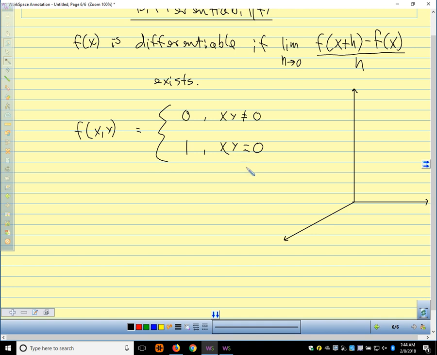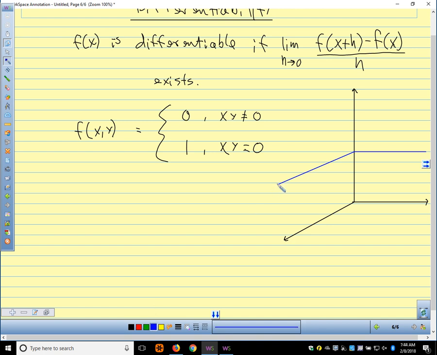All right, so what is this function going to look like? Let's draw this. It equals 1 where x times y equals 0. Where is that? When x or y equals 0. So above the x-axis or the y-axis, this thing's going to equal 1. So we're going to get a line like so above the x-axis and a line like so above the y-axis.